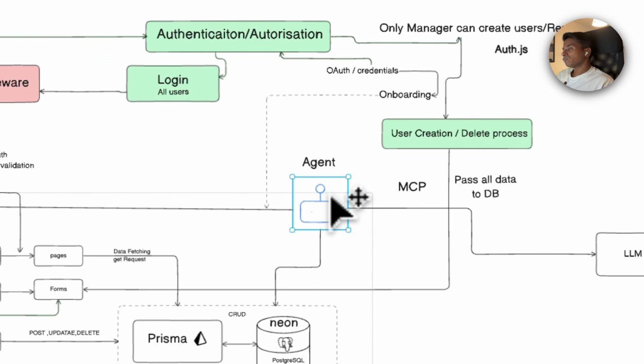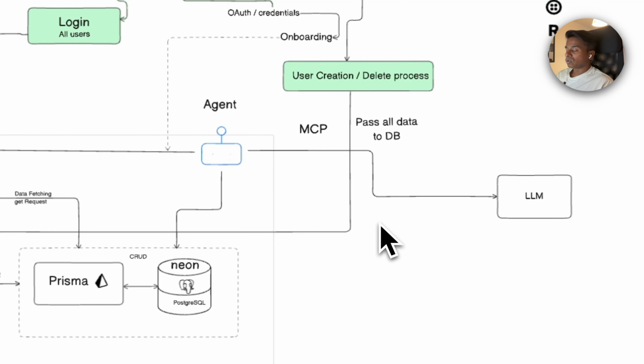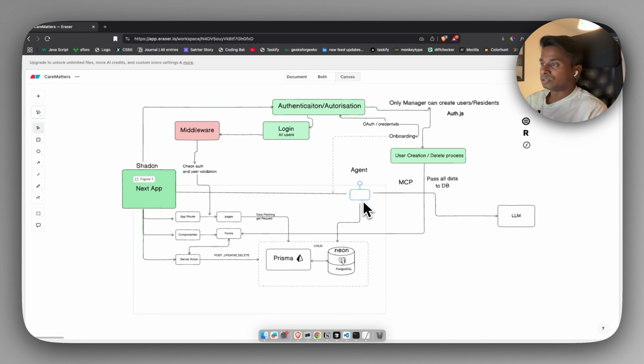Then as a core feature, we have the AI agent, which has access to our database, and we are training it with our data. Then we have a chatbot or interface to create monthly reports, auditing reports, and notifications. It can be more predictive because this agent has access to all the residents' day-to-day activities, day-to-day intakes, food and fluid intakes, and the medications.